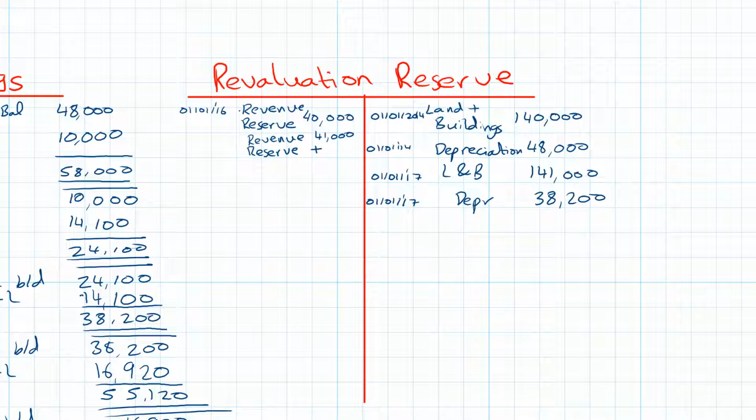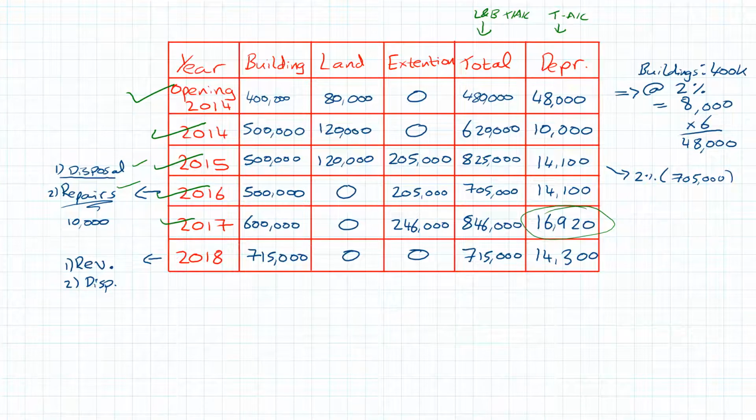So if we look at the table, it was 205 both years. So you can get 2% of 205,000 for 2 years, which is 8,200.